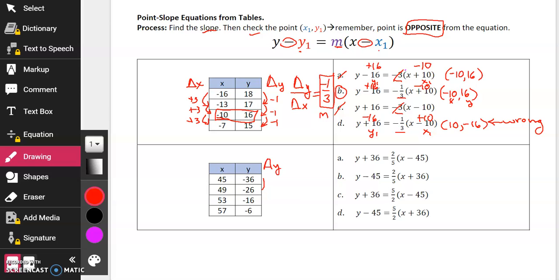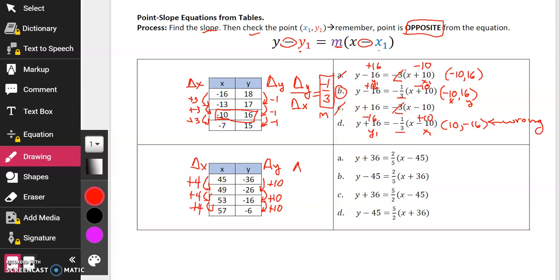Change in y. I'm going negative 36 to negative 26, so that's adding 10, add 10, add 10. Then I have change in x. I'm going 45 to 49, that's plus 4, plus 4. So I'm adding 4 each time.